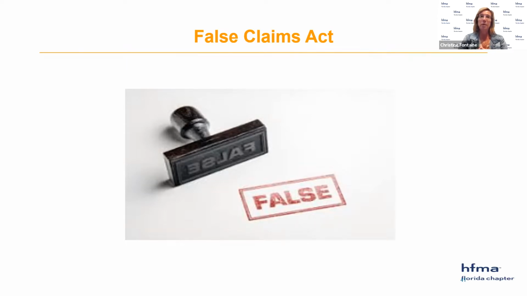A whistleblower is someone who discloses information he or she reasonably believes evidences a violation of any law, rule, or regulation, gross mismanagement, a gross waste of funds, an abuse of authority, and a substantial and specific danger to public health and public safety.